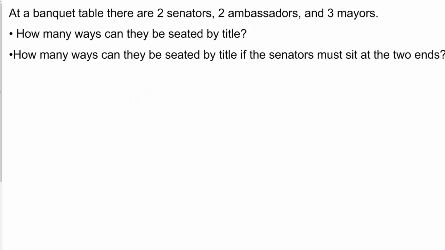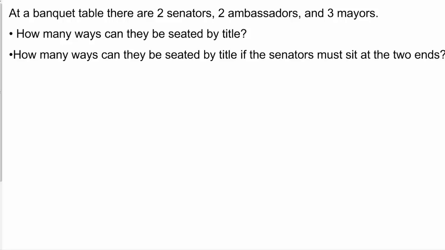Now we're going to do some mixed review. And in many cases, some of these are going to be a little more difficult. So in this problem, we have a banquet table where you've got 2 senators, 2 ambassadors, and 3 mayors.